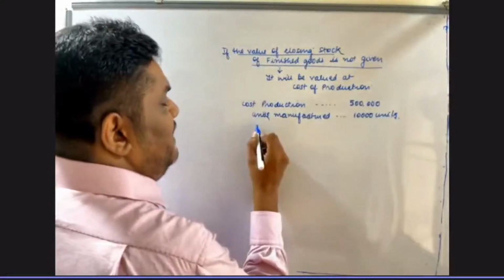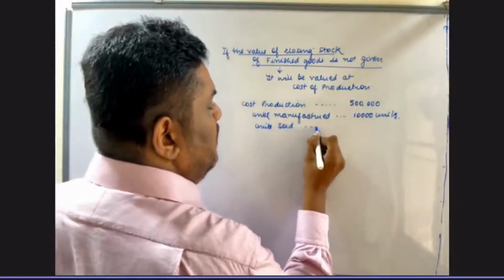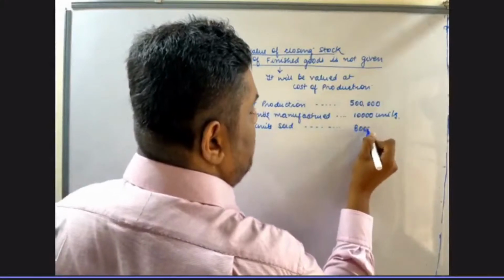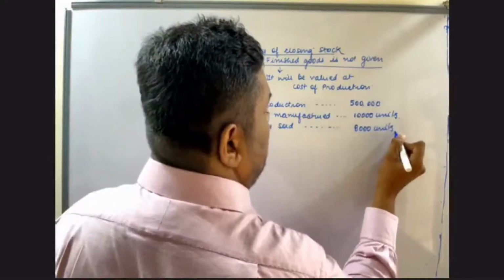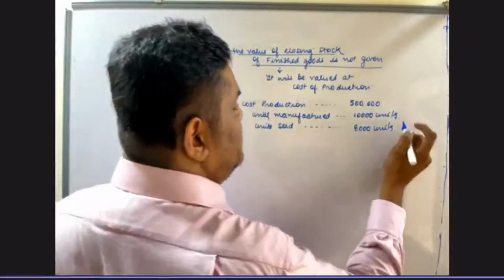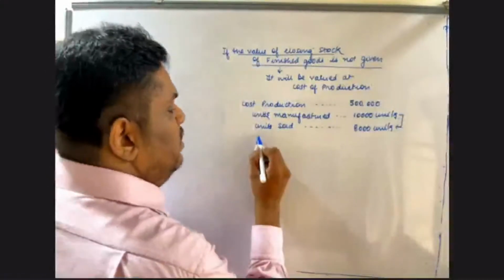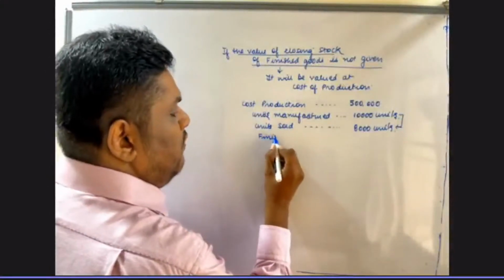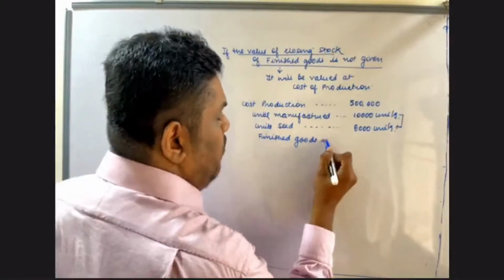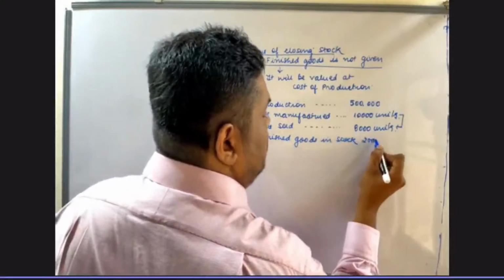Further, it is given in the question that units sold are 8,000 units. Out of the 10,000 units manufactured, 8,000 units are sold. It means finished goods in stock are how much? 2,000 units.